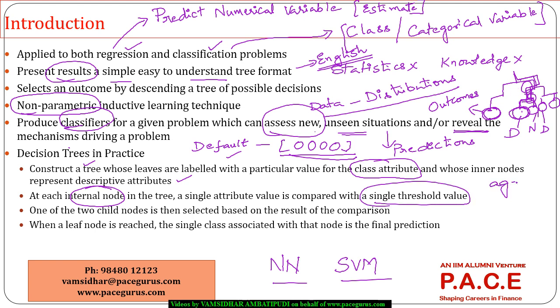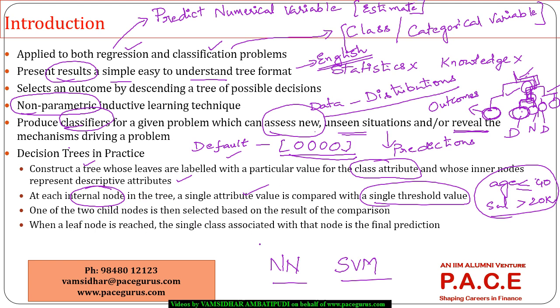Age is one attribute. Age less than or equal to 40. Salary greater than 20k. So that's how each single attribute is compared with a single threshold at each of the levels. So at this node there is one comparison. At this node there is one comparison. So at every node there is one comparison.